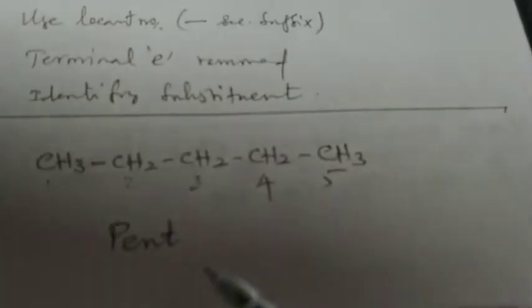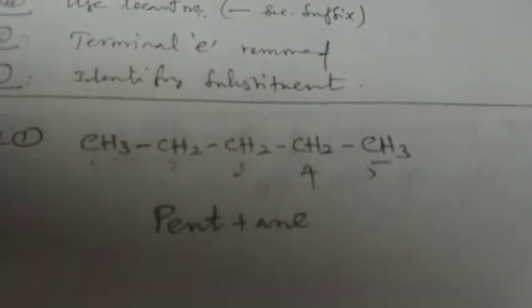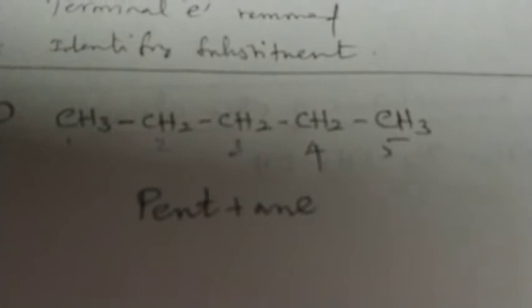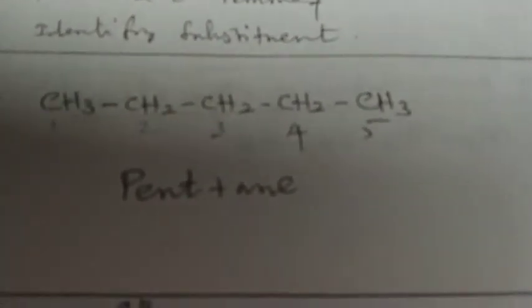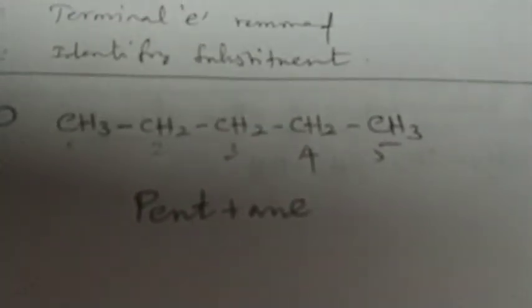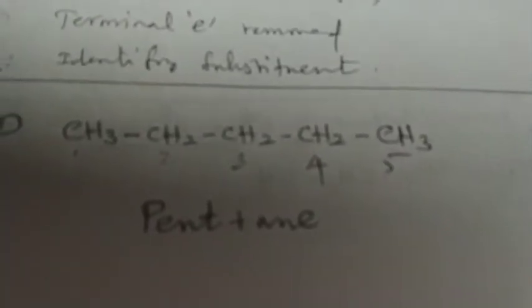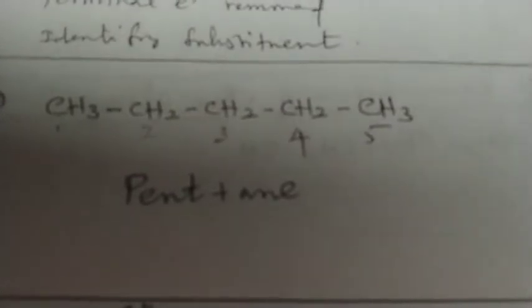Root word pent. And the hydrocarbon is pentane: pent plus "ane", because all are single bonds. If it is a double bond, we write "ene", and a triple bond means "yne". The bonding between the carbon atoms is single covalent bonding.